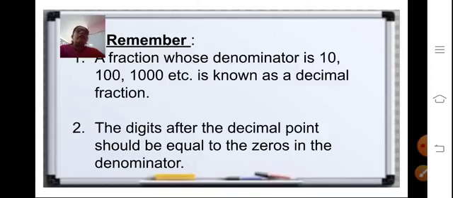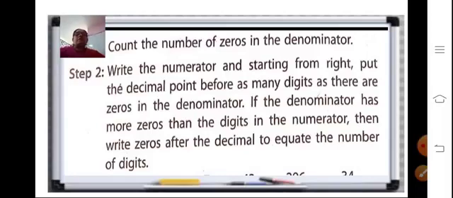While converting, we have to keep certain points in mind. First, count the number of zeros in the denominator. Second, write the numerator and, starting from the right, put the decimal point before as many digits as there are zeros in the denominator.